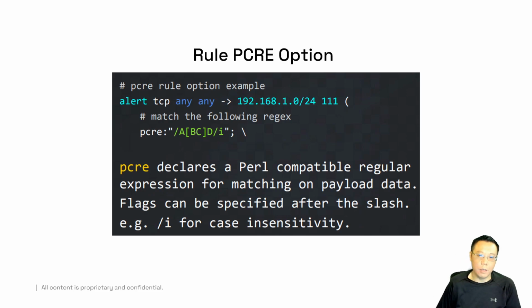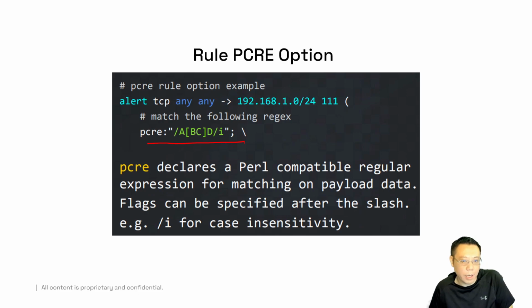Another option includes the Perl regular expression. Regular expressions are interesting because you can say, hey, I don't want to just match on A, B, C, D with no case, but I also want to match A, B, or C, and then D. So what would this match on?